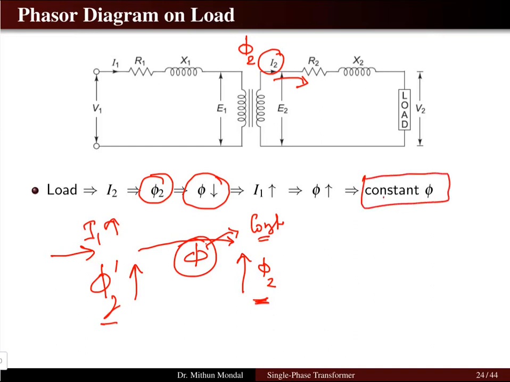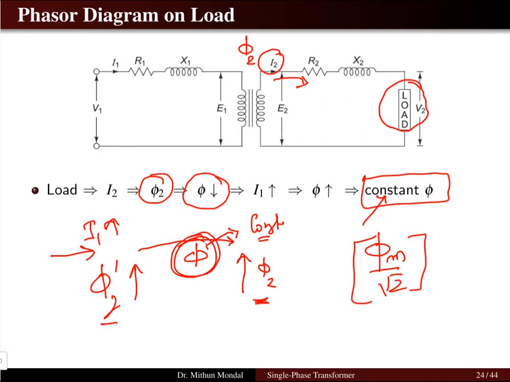When I say constant, it doesn't mean that it is a DC. Constant means the RMS quantity, so we can say that it is phi m by root 2. So the secondary load effect does not change the main flux in the core of the transformer, because the primary current will increase.